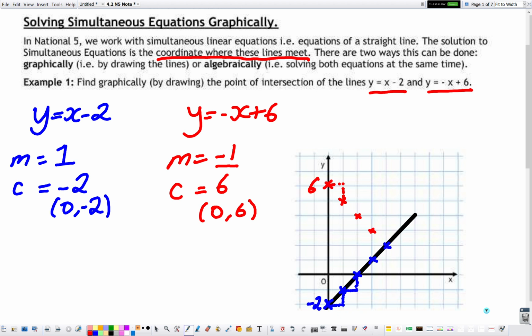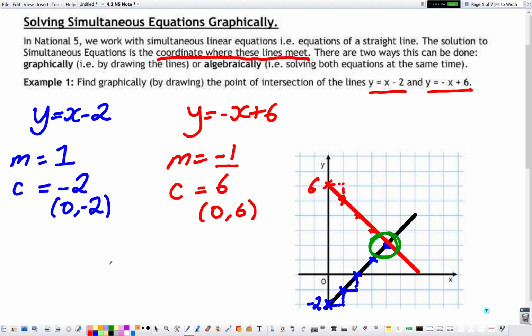So I can draw another line through these points here and you can hopefully quite clearly see that these lines meet at this intersection right here. So what is that coordinate? We just literally read off the boxes, counting boxes. That's all we have to do.